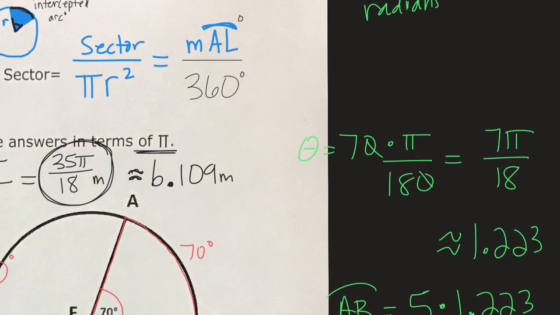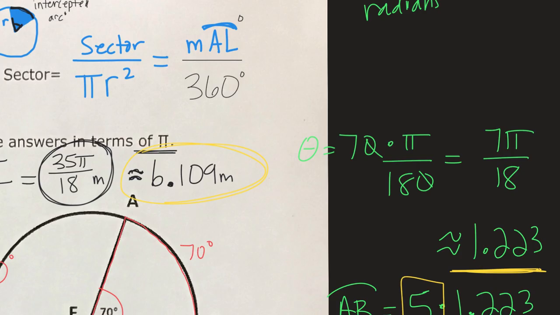Well, first of all, this number right here is an approximation. That's where we're chopping off a whole bunch of digits of pi in order to get 1.223. So if that is an approximation, when you multiply it by 5, it's going to become an even worse approximation of our actual answer. If you're ever going to take upper division math, we talk about error.